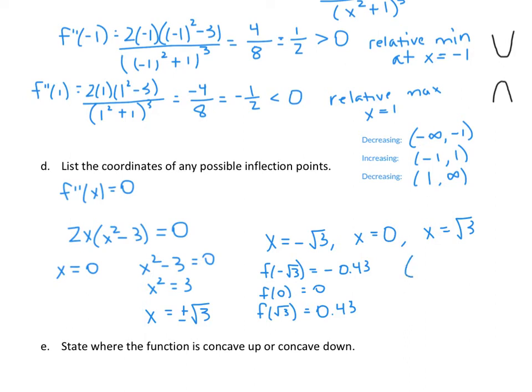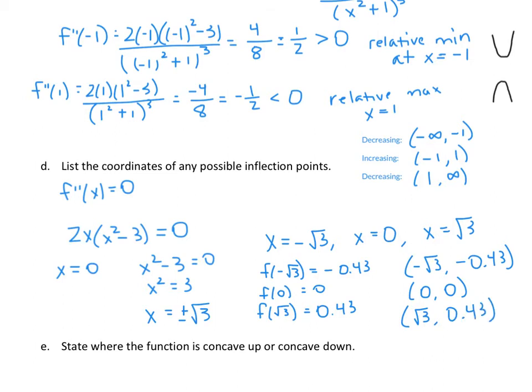So that point is (negative square root of 3, negative 0.43). If you want to pause the video and check those function values, feel free to do so. Then if we plug 0 into the original function, we get an output of 0. And the last one, if we plug square root of 3 into the original function, we get 0.43, so that point is (square root of 3, 0.43).